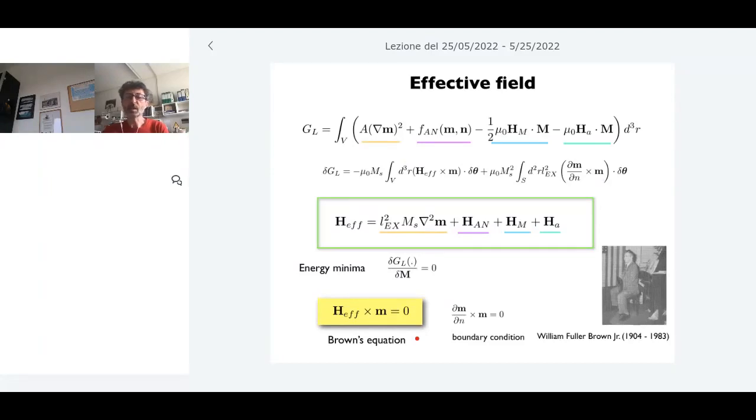That is, the cross product of the effective field times the magnetization vector must be zero. This is what's called the Brown equation. Now, we have no time to make the derivation of this effective field, but let's take a look, because this is very simple, written this way.